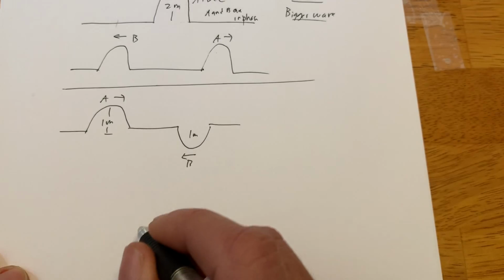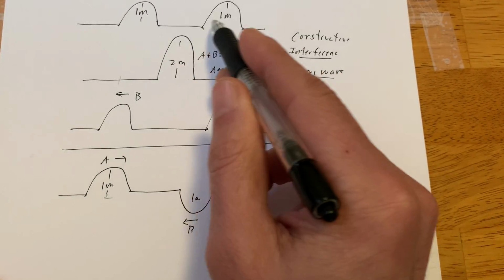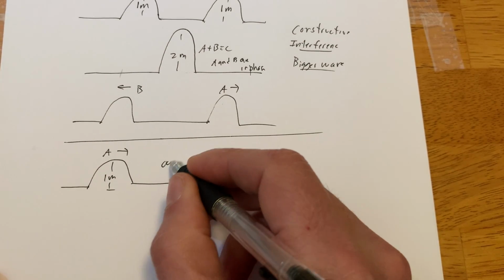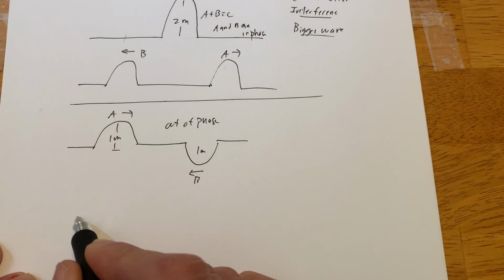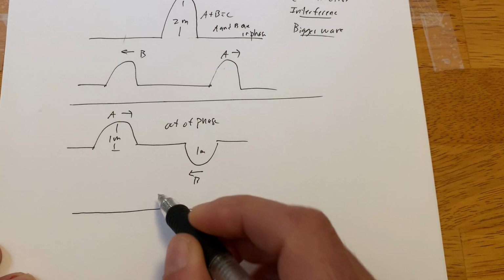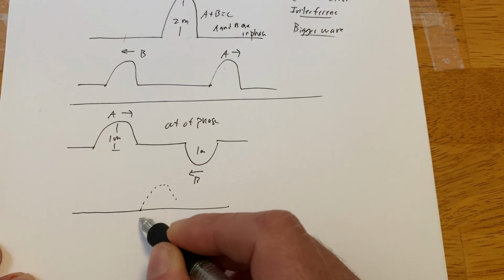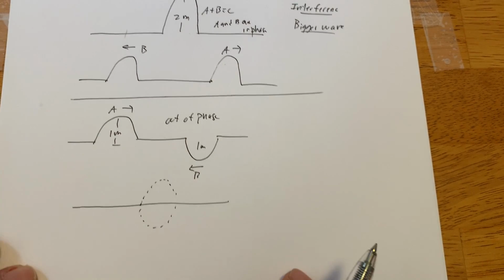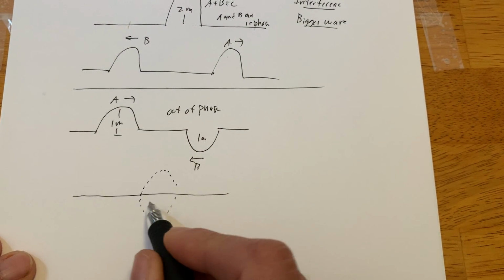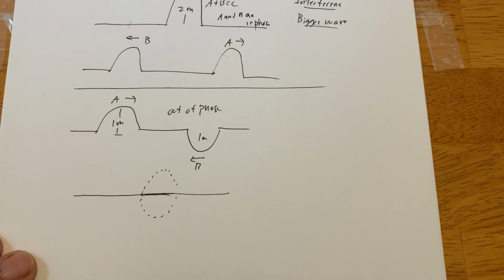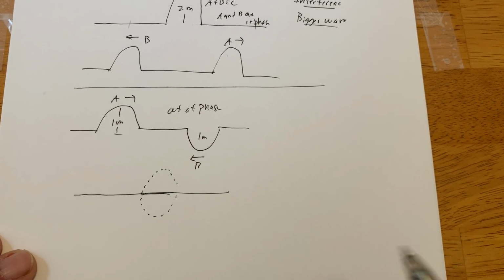Well, unlike these two waves which are in phase, these two are out of phase. So what happens when waves meet and they are out of phase? Well, for a brief moment in time, they are going to cancel one another out. So it's almost as if there's no wave at all, right?